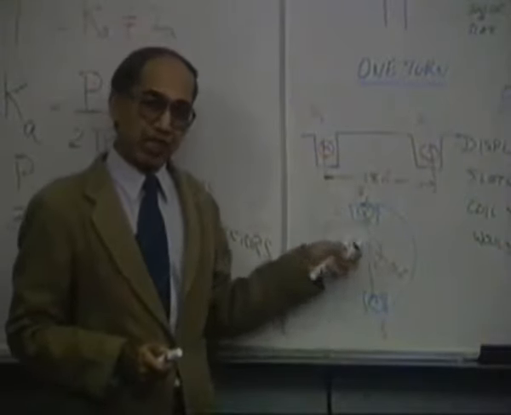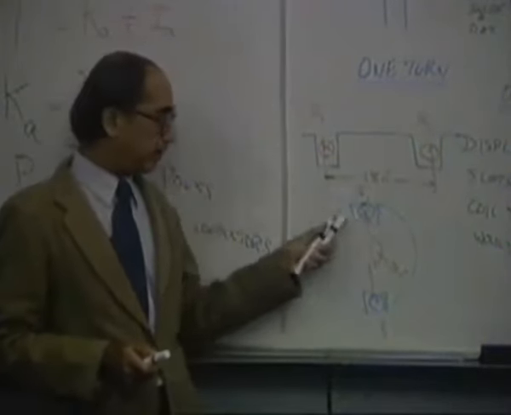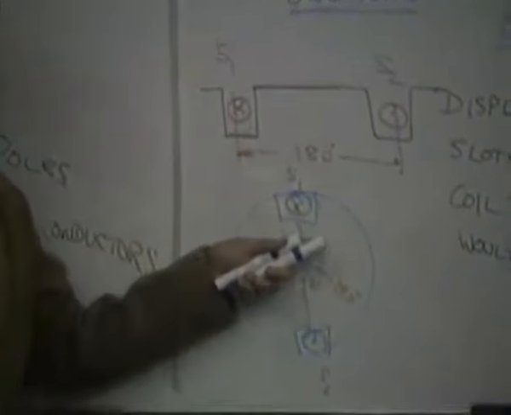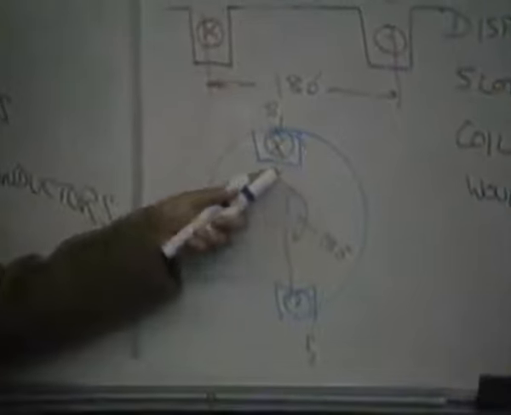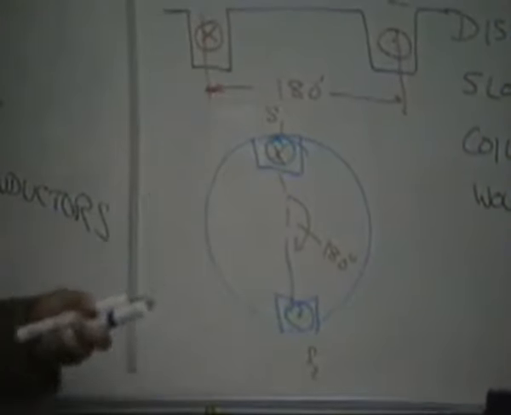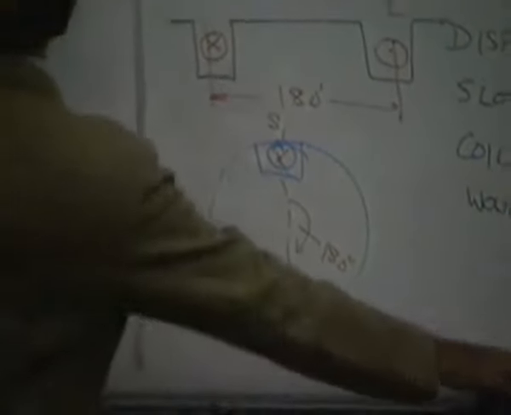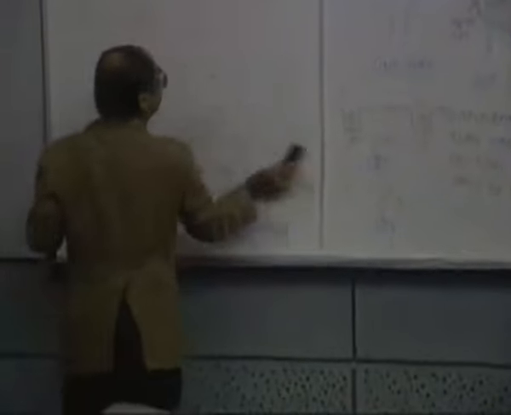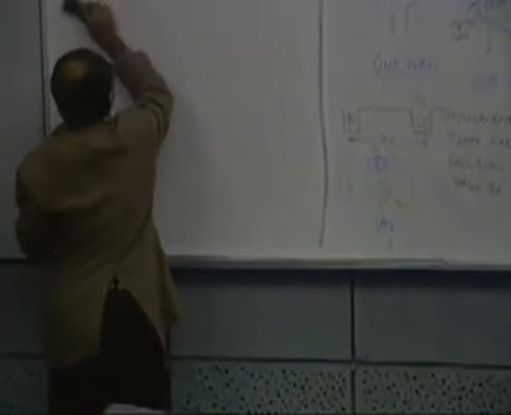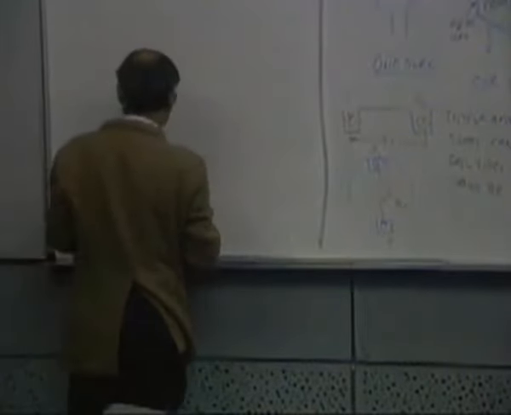You will be using several coils placed in different slots around the periphery of the armature, and they will have to be suitably connected to form the winding. So, after forming the coils, you put them together to form a winding.